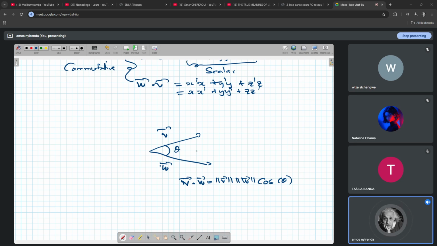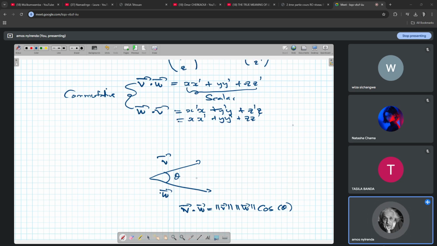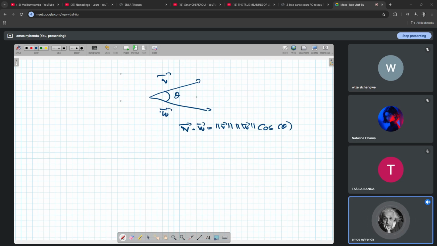One important property is that if the two vectors are perpendicular, then the dot product is going to be equal to 0. So if V is perpendicular to W, then the dot product V dot W is going to be equal to 0. So the dot product is 0 if the two vectors are perpendicular.